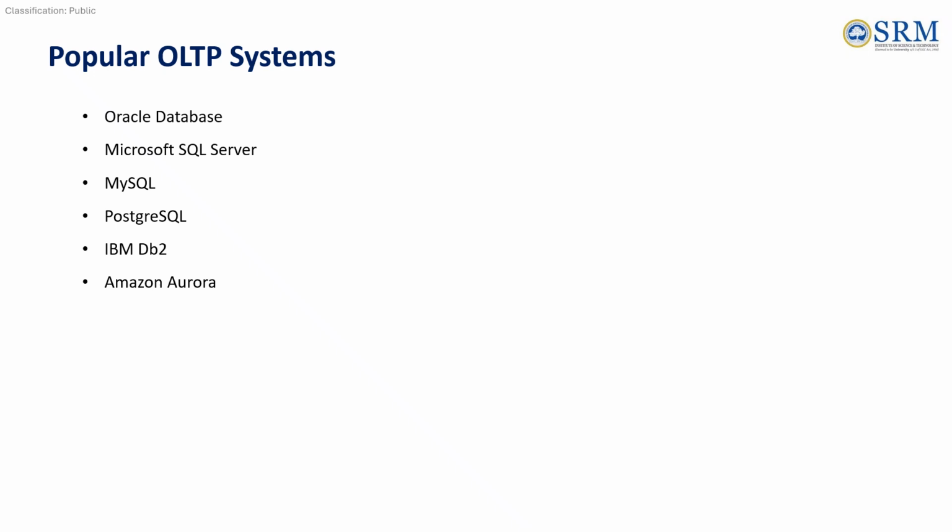Finally, Amazon Aurora is a cloud native relational database service provided by Amazon. It offers high performance, scalability, and availability for cloud applications. These OLTP systems are widely used because they provide fast transaction handling, data consistency, and reliable database management for real-time applications.